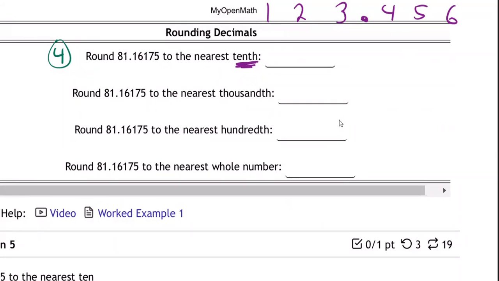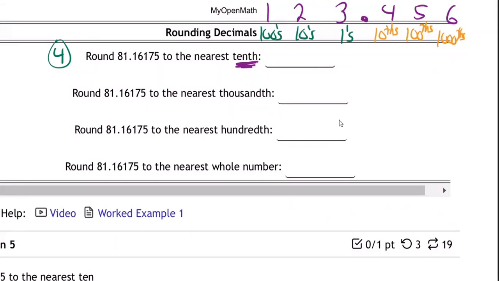This is the ones place, tens place, hundreds place, and then to the right of the decimal, this is the tenths place, hundredths place, thousandths place.